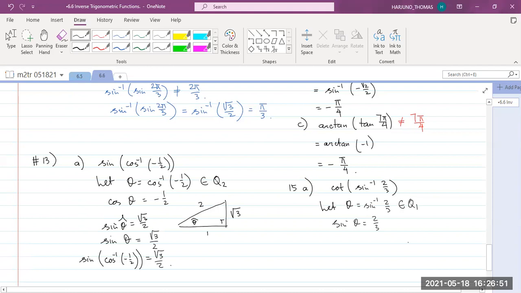So I can go ahead with the right triangle. If this is theta, this is 2, this is 3. So this will be square root of 5, right? 9 minus 4. Now what is cotangent of theta? Cotangent of theta is square root of 5 over 2. Now why do we want cotangent of theta? Because theta is sine inverse of 2/3.